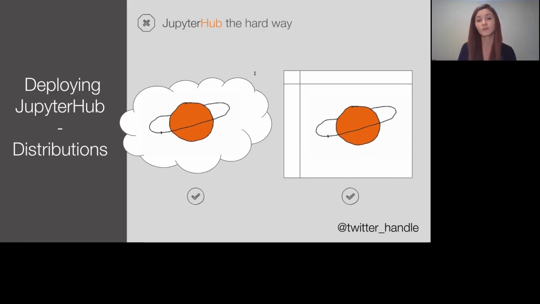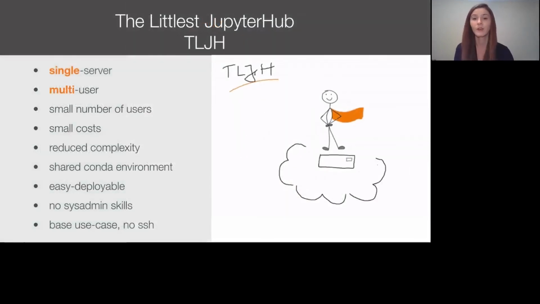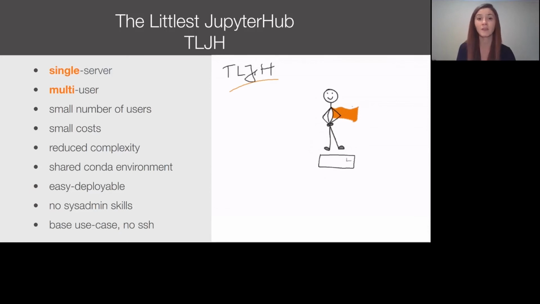So currently there are two available JupyterHub distributions. The first one is the Littlest JupyterHub. This distribution deploys JupyterHub inside a single server, a bare metal one or one in the cloud. This means reduced infrastructure maintenance costs and a fair complexity level.